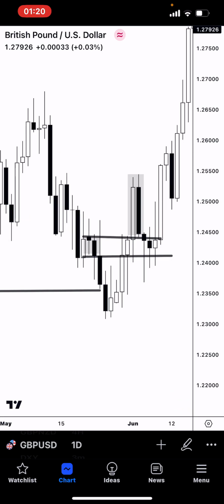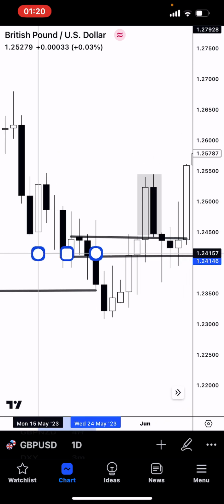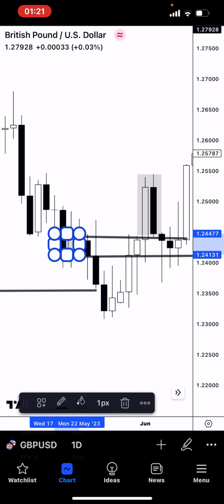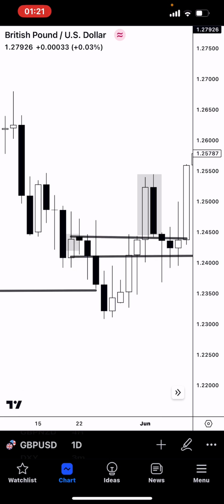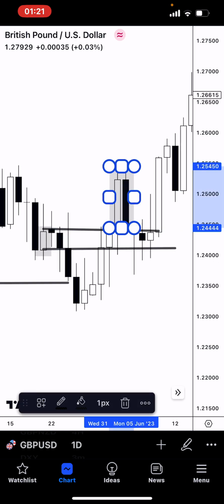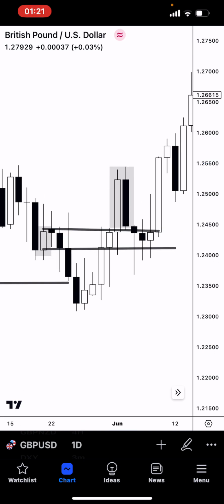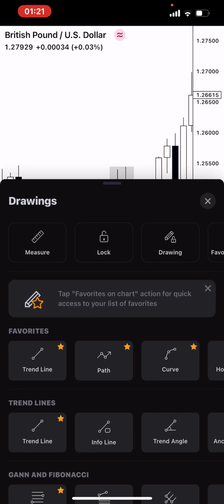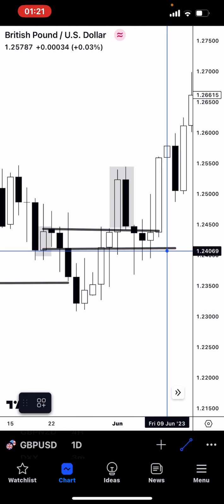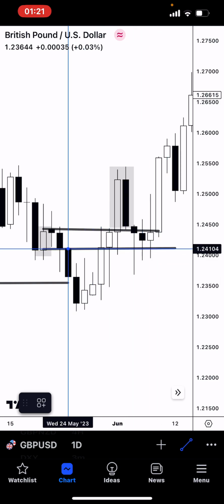I'll zoom in to that little up close candle right there. The market comes back down. It never seems to break beneath it. And also, we have the open of this. That is your order block, from down here to down there.